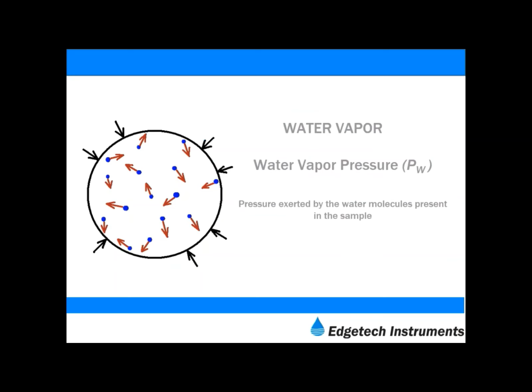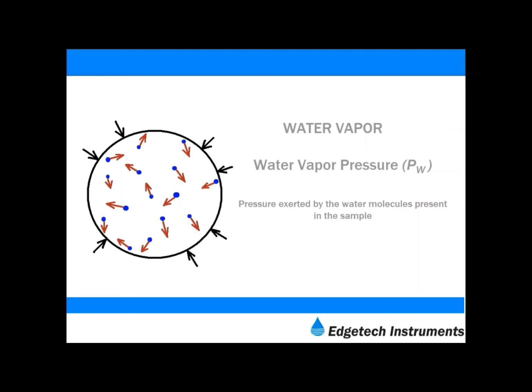Water vapor is usually talked about in terms of water vapor pressure. There are several different symbols that you'll see for water vapor pressure. I tend to use the symbol P sub W for pressure water, so water vapor pressure. And water vapor pressure is pretty simple. It's simply the pressure that the water molecules exert in a given system.